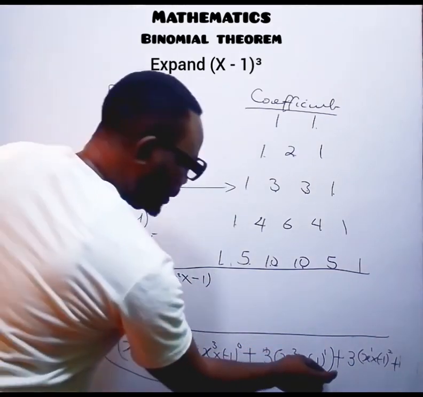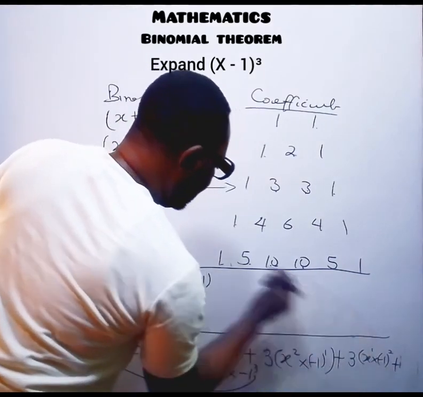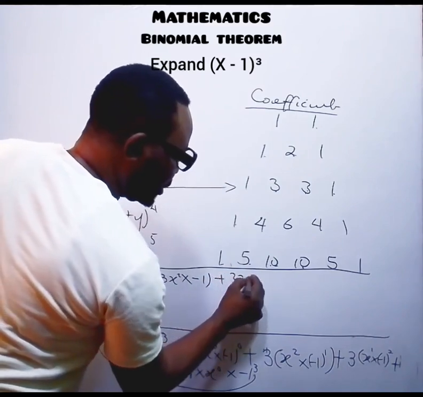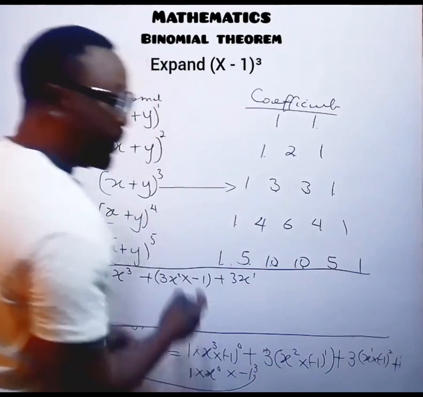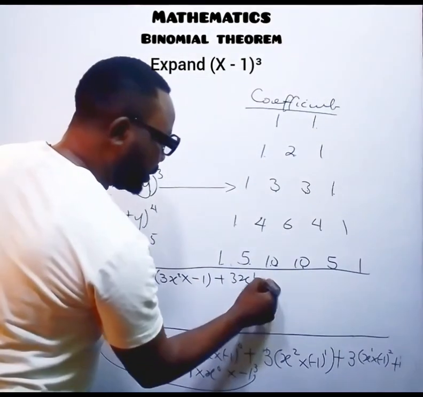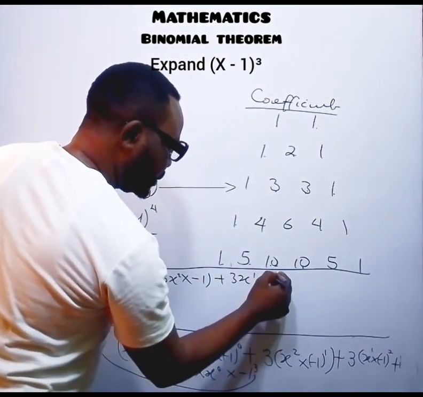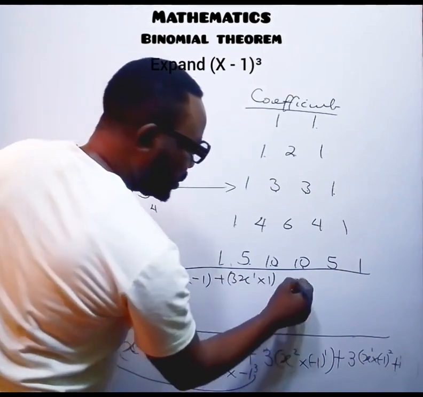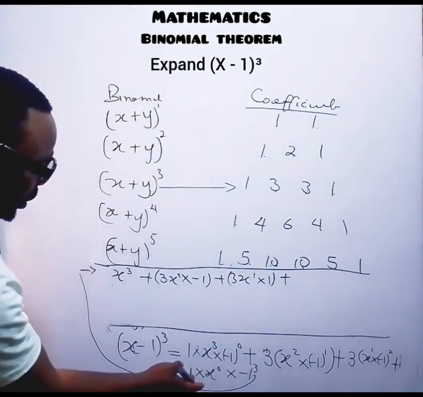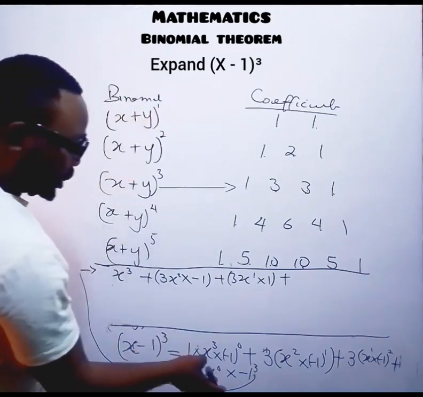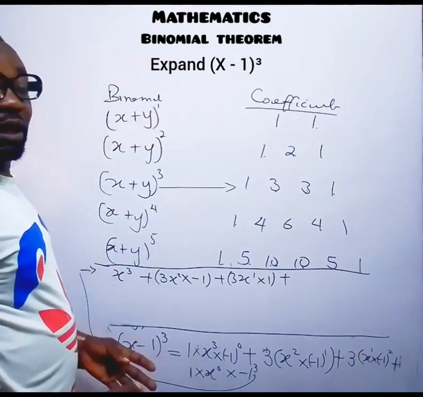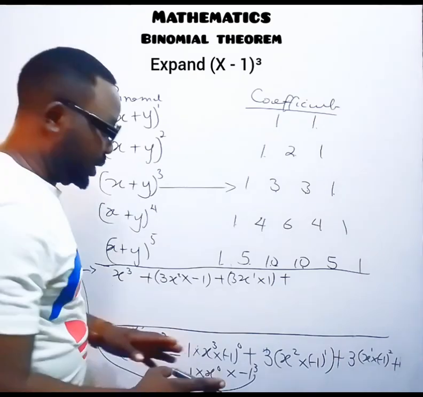Plus 3x raised to the power of 1, minus 1 raised to the power 2, that's minus 1 times minus 1, that will be equal to 1 as well. Let's put it in bracket. Plus 1 times x raised to the power 0, that will be equal to 1. X raised to the power 0 is 1. We have known that any value raised to the power of 0 is equal to 1.